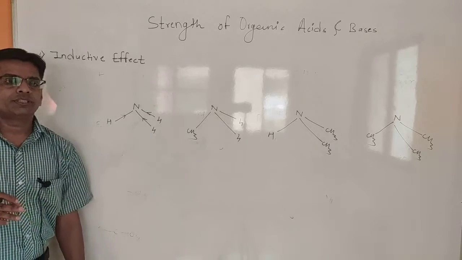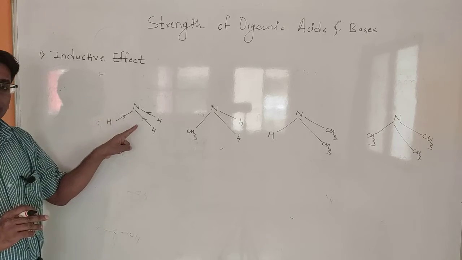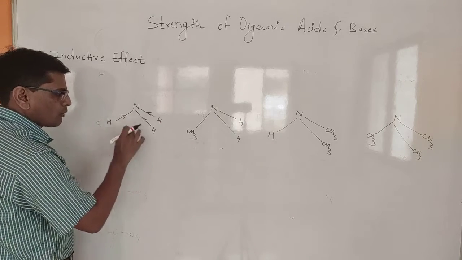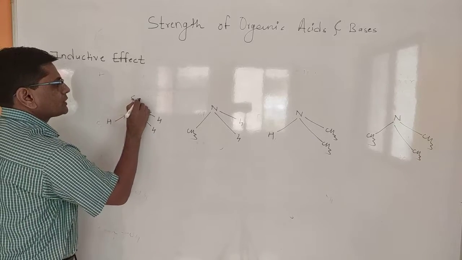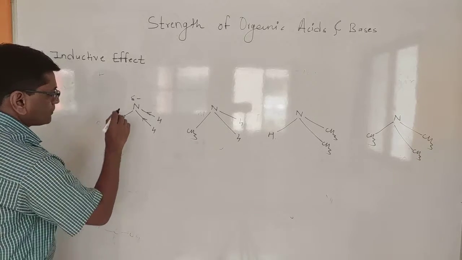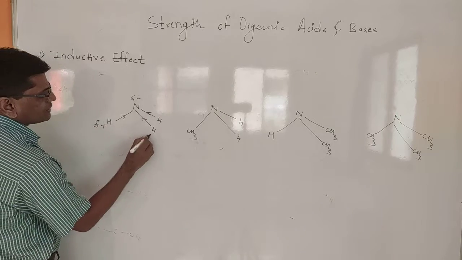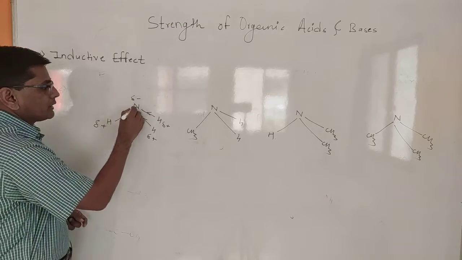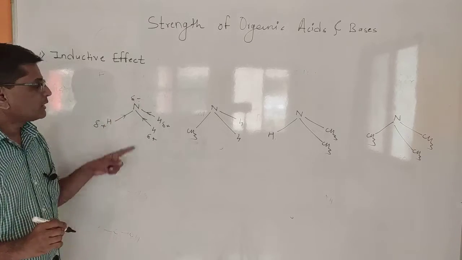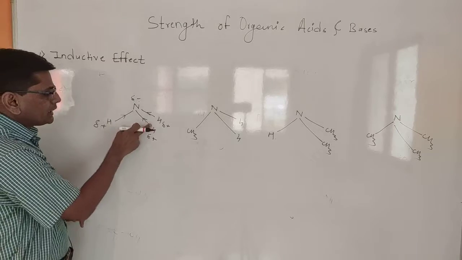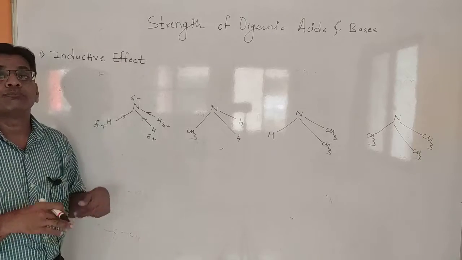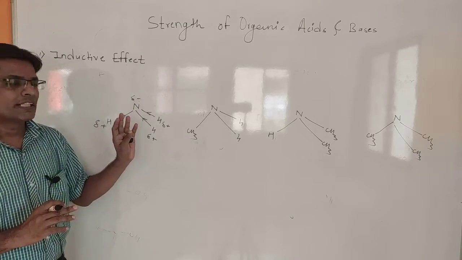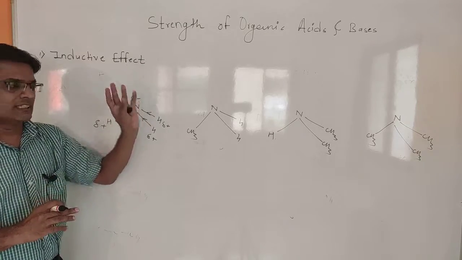According to the inductive effect, nitrogen is electronegative, so it withdraws electrons from all sides, and that makes nitrogen partial negative and all the hydrogens acquire a partial positive charge. Nitrogen itself has one electron pair, and in addition it takes electrons from neighboring atoms, so nitrogen becomes more electron rich. That's why it is ready to donate its electron pair to any acid.